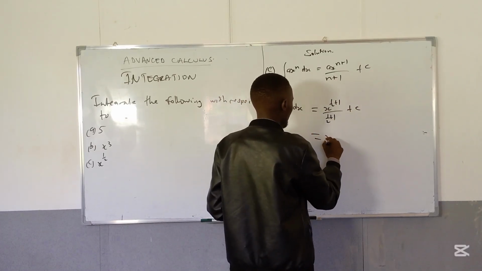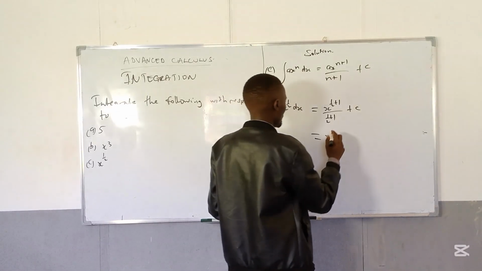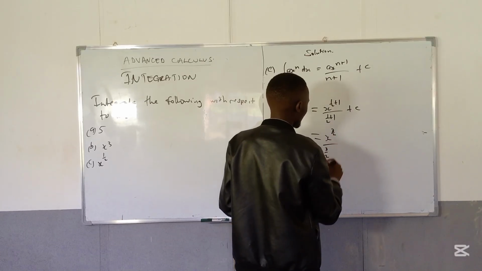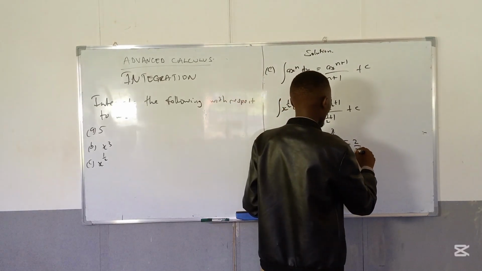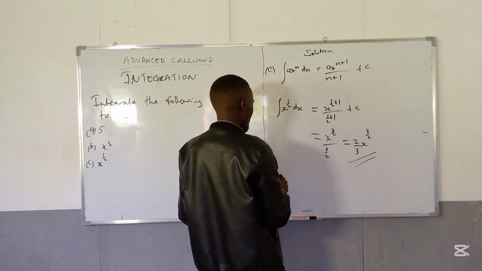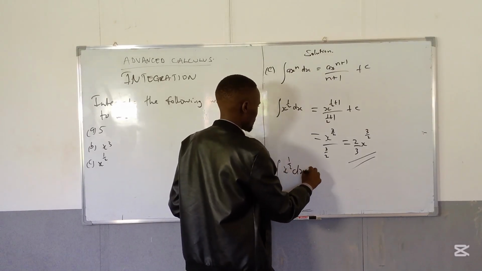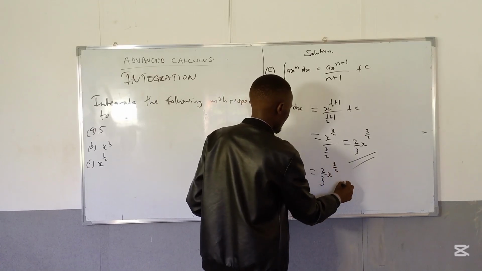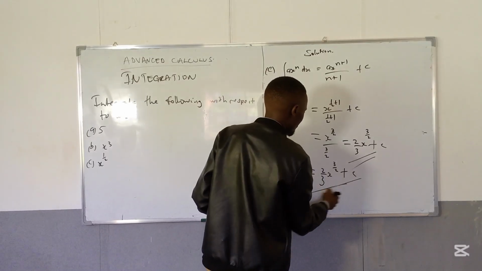A half plus 1 is the same as 3 over 2. Then it is here also over 3 over 2. It will be giving us 2 over 3 x power 3 over 2. That means now the integral of x power half with respect to x equals 2 over 3 x power 3 over 2 plus the arbitrary constant.